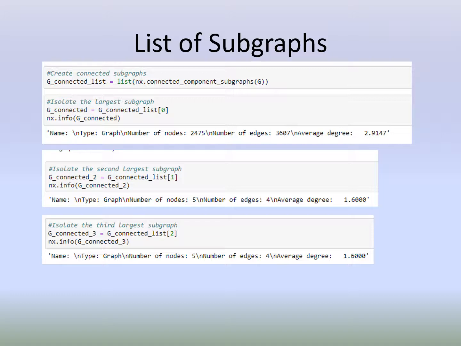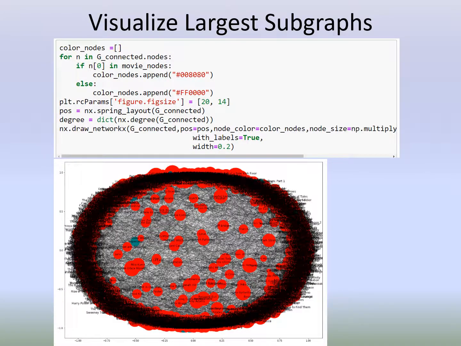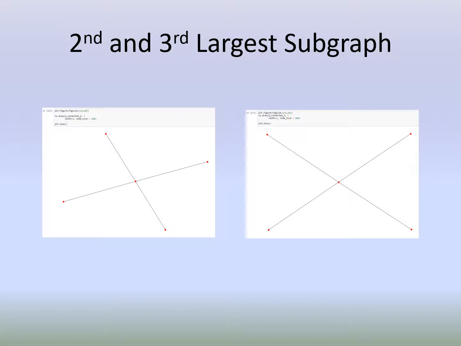Among them, the largest subgraph has 2,475 nodes, the second largest subgraph has 5 nodes, and the third largest subgraph also has 5 nodes. This is showing the largest subgraph. This is the second and third largest subgraph.